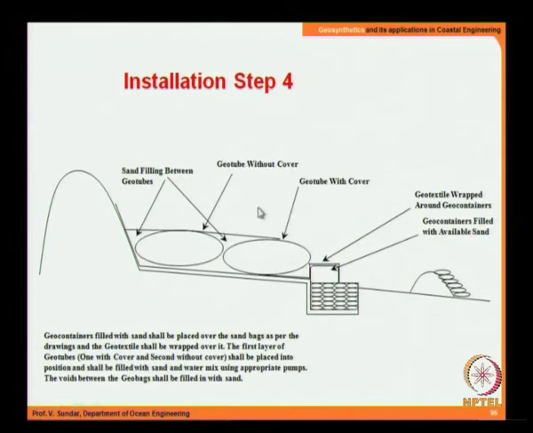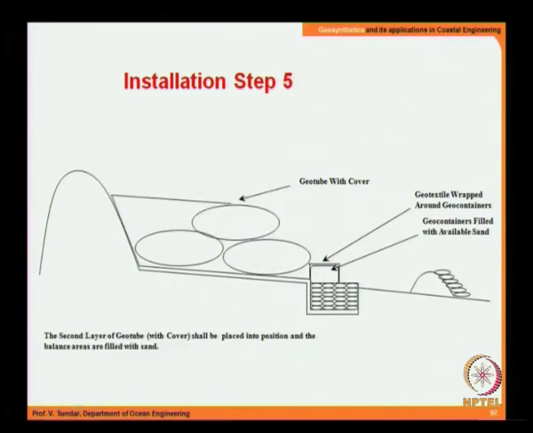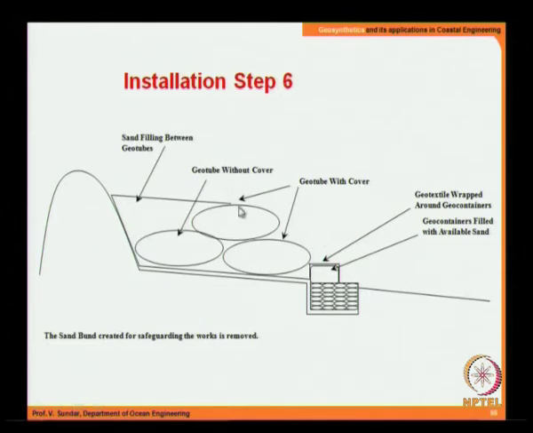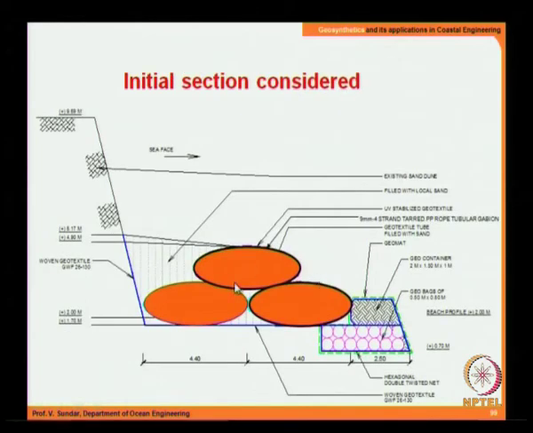Once this was constructed, the two geotubes are placed over this geotextile, and after this the third one is also placed, making sure that the geotextile is running through, with the geotube filled up, and the geotube with the UV resistance cover. Once this is done, the sand filling between the geotubes was done, and finally you had this kind of cross section that was implemented in Shankarpur.